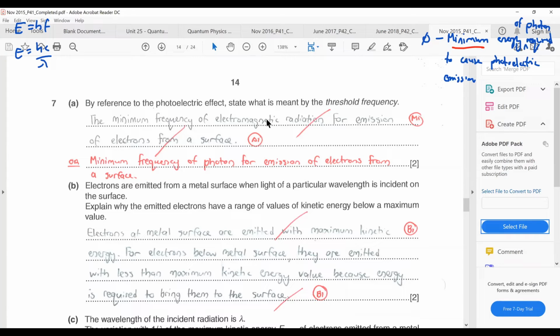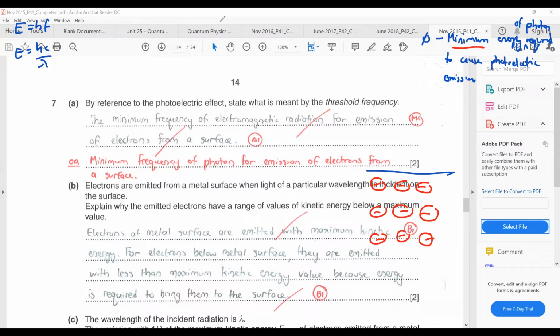Then if you go on to the next question, okay, go on to part B. They tell you electrons are emitted from a metal surface when light of a particular wavelength is incident on the surface.